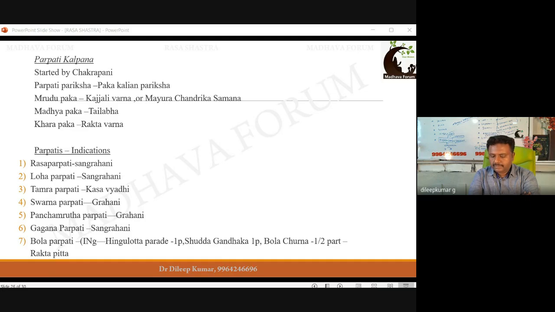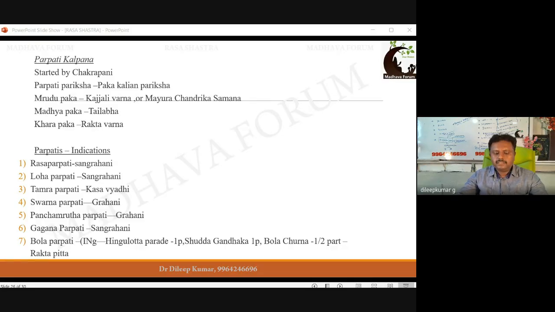Here in Tamra Parpati, instead of Kadali Patra, they use Arka Patra. The Patra used here is Arka Patra instead of Kadali Patra. Vatsanabha is one of the key ingredients along with Tamra, Parada and Gandhaka.